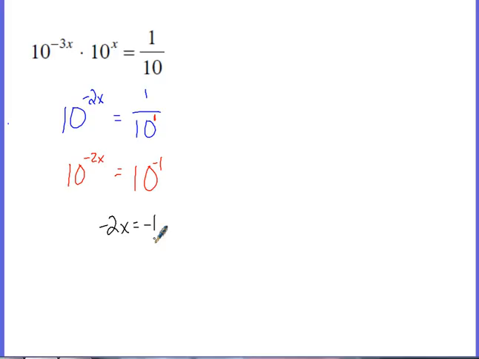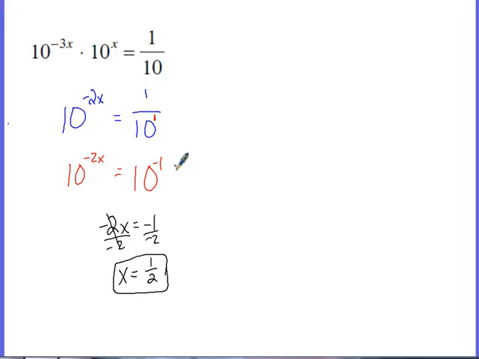And then now solve for x. Negative 1 divided by negative 2. Well, first of all, negative divided by negative is going to be a positive 1/2. Because it's negative 2 over negative 2, so those cancel. The negatives cancel, so it's just 1/2. Right?